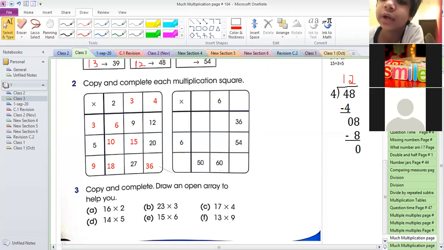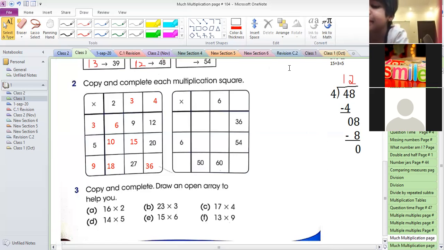I did not understand the question that equals 16. Okay, wait, let me explain again. Guys, again, I will explain how we have to complete this multiplication square. We have to find out the missing numbers.